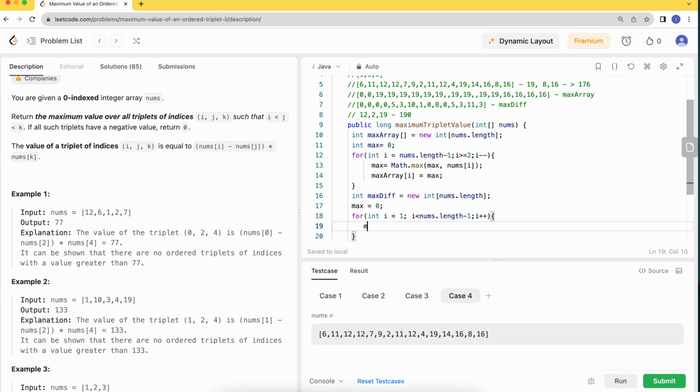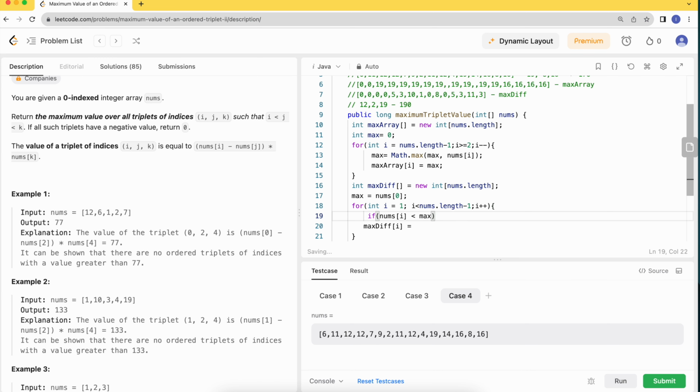Let's say my maximum is equal to whatever nums[0] was, and the max diff array will be, for that particular i, what is the difference if this particular nums[i] is less than the maximum.